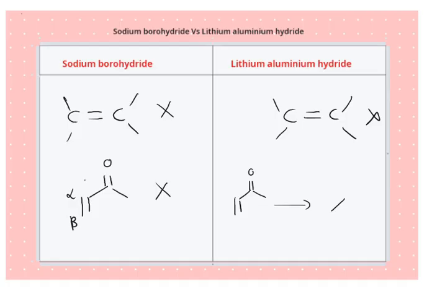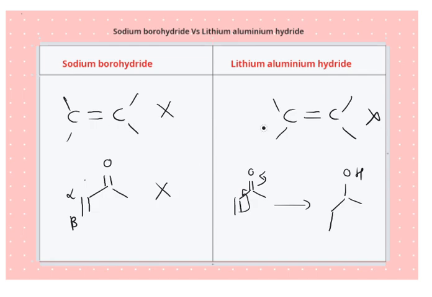What does that mean? We know that whenever we have a ketone, it will be reduced to a secondary alcohol. Not just that, even the double bond will get reduced. That is something specific to lithium aluminium hydride, since it is a strong reducing reagent and there is a conjugation which will make both the double bonds get reduced.